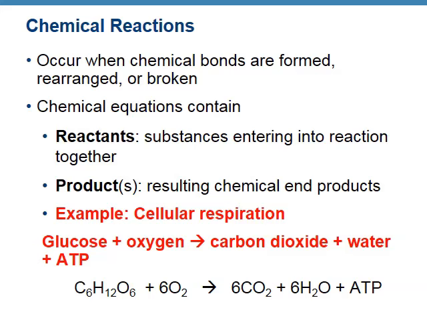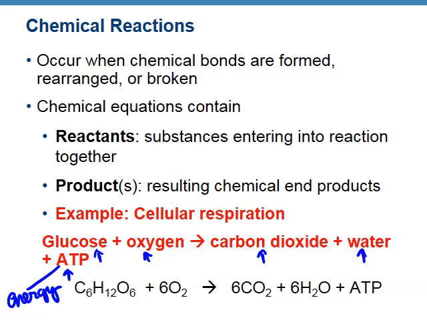So this leads us to chemical reactions. If we want to put chemicals together and we want to break them apart, we're going to show that by using a chemical reaction. I've kind of already showed you a chemical reaction. Here's the example at the bottom, cellular respiration. We eat food, which is glucose. We breathe in air, which is oxygen. We convert it to carbon dioxide, water, and ATP. And remember, this is what we're going to use to do work within the body.